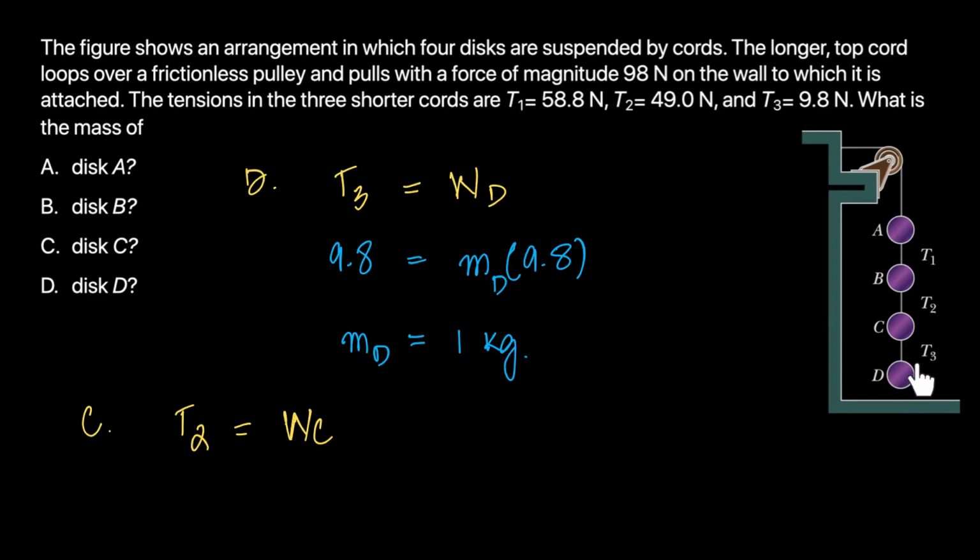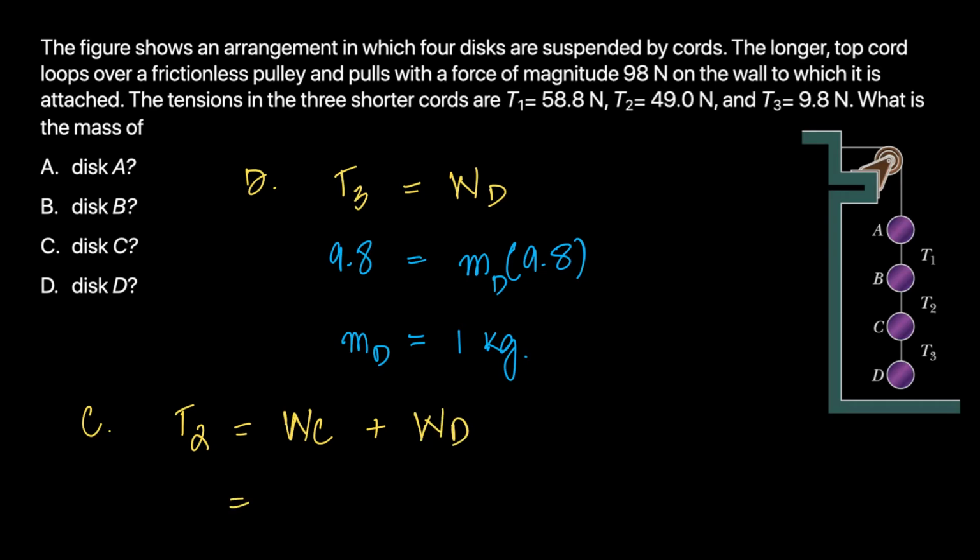Actually, let's go with the weight. The weight is equal to the tension, so it's interchangeable. You see what I was trying to say 10 words ago. But yeah, let's just use the weight of D.